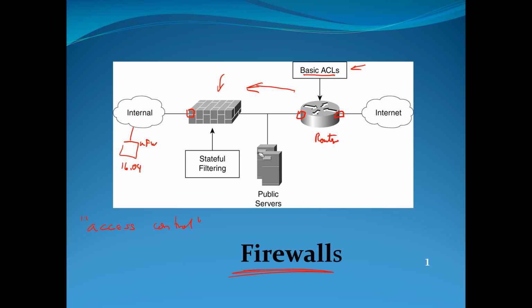So that's really what a firewall is. At the end of the day, let's just say this one has some ports open, whereas this one has, from the point of view of the outside in, all ports closed. Okay, so that's really the idea here.